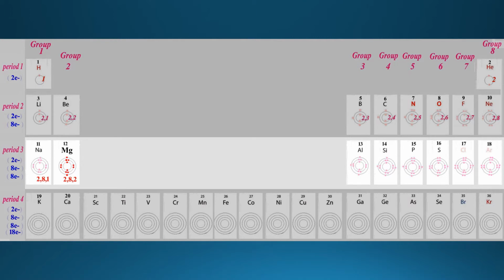And you can see the rest as group 3. Aluminium, first shell, second shell, third shell. Next, silicon, first shell, second shell, third shell. Group 5, first shell, second shell, third shell, and so on with the rule.